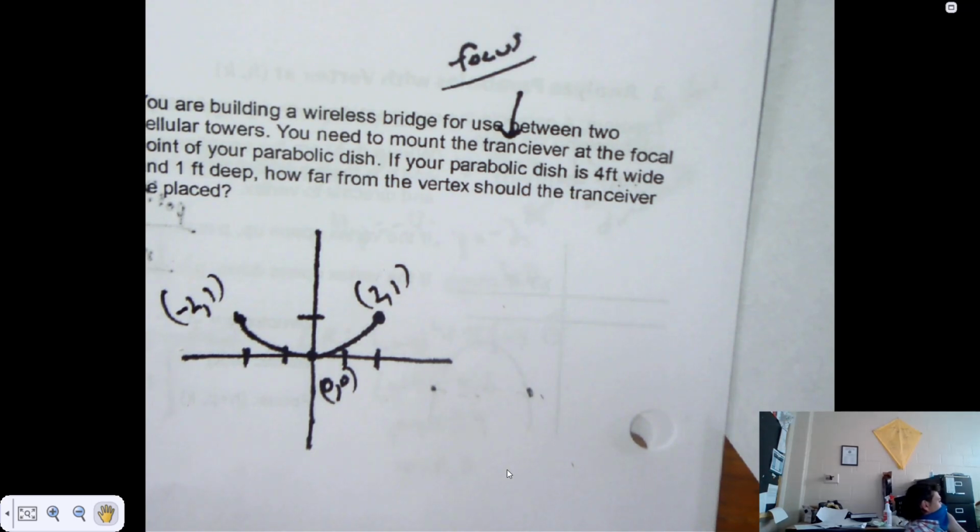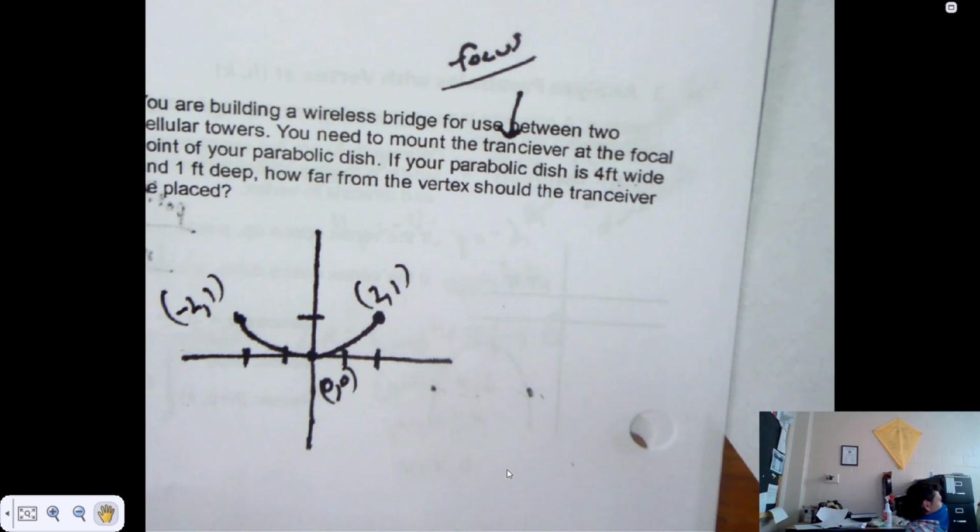Anybody know how that's going to help me? What's that? Gives you an x and y. You can write an equation of this thing. It's your standard up-down parabola. What's the default form you use? What's squared, the x pieces or the y pieces?